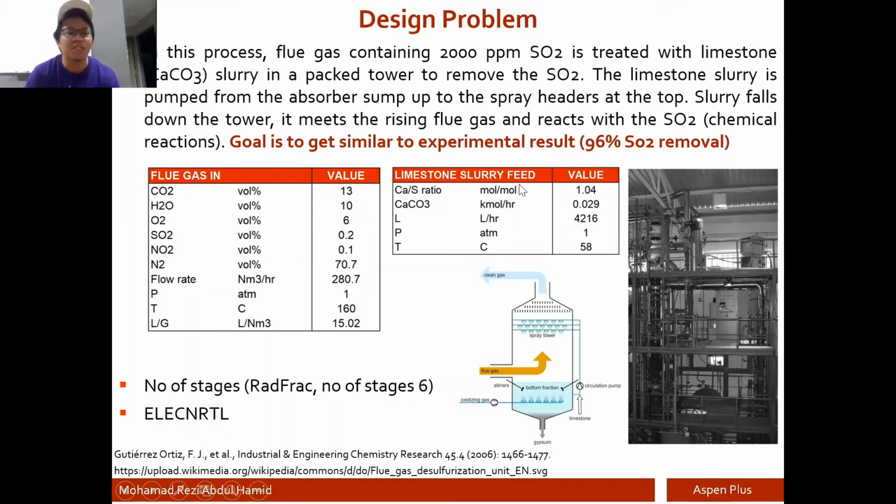For your information, this data is extracted from the 3 references that I explained in the previous slide. As you can see from this table, we have the composition of the flue gas in volume percent, and the flow rate of the flue gas in standard cubic meters per hour.